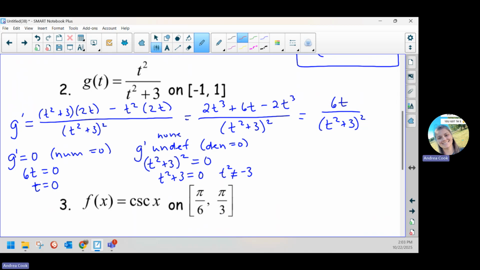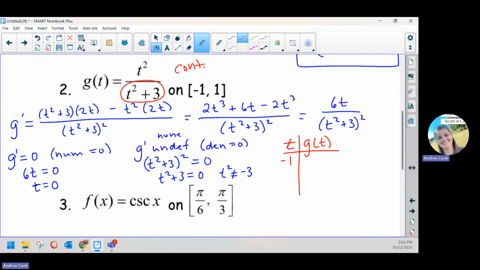And then the next step is that table. So we're going to make a table, but this time it's not x, it's t. And we have g of t. So again, our interval, I should have mentioned this, the denominator is never equal to 0. So this function is continuous on this interval. So there will be a min and a max.